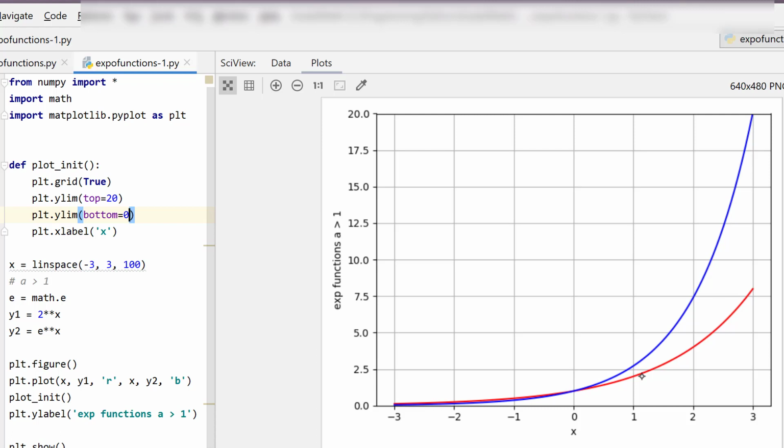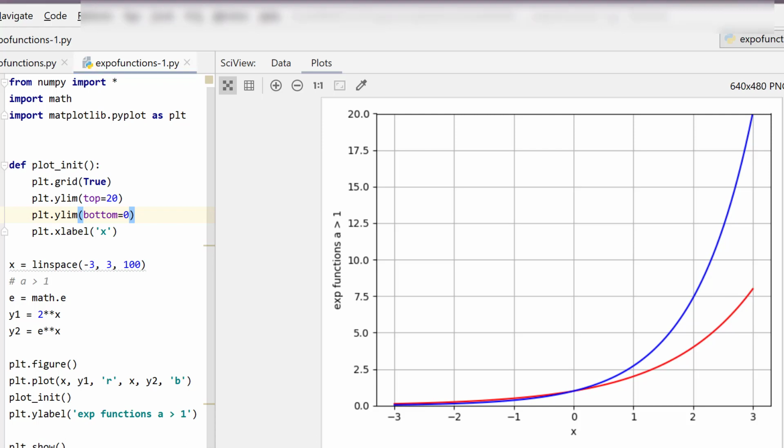And when x is 1 for the blue curve, which is slightly more than 2, which was the e to the power of 1, right, which is 2.7. And as we go in x, you can see how the blue curve really accelerates upwards or exponentially outpaces the red curve.